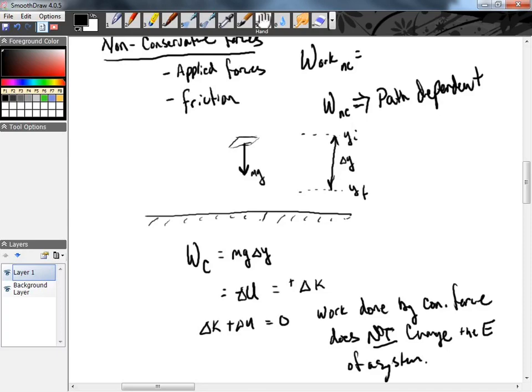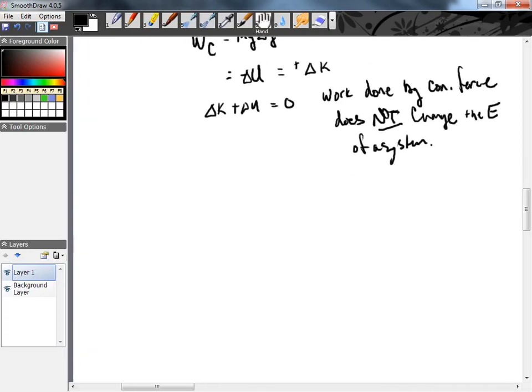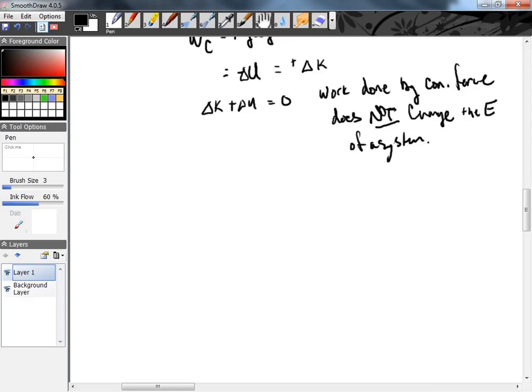Which brings us to an equation that's not in your book, although it's really useful, in regards to non-conservative forces. The work done by a non-conservative force is equal to the change in the total mechanical energy of the system.